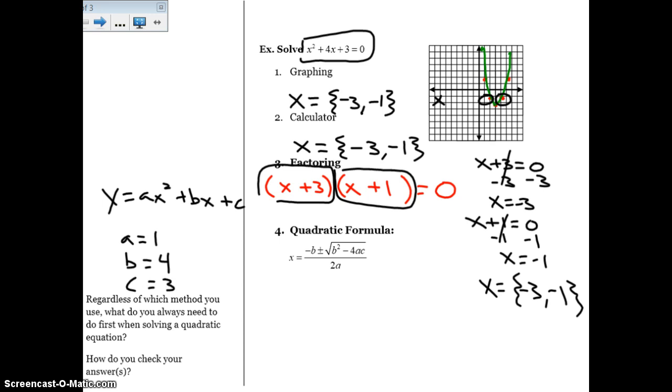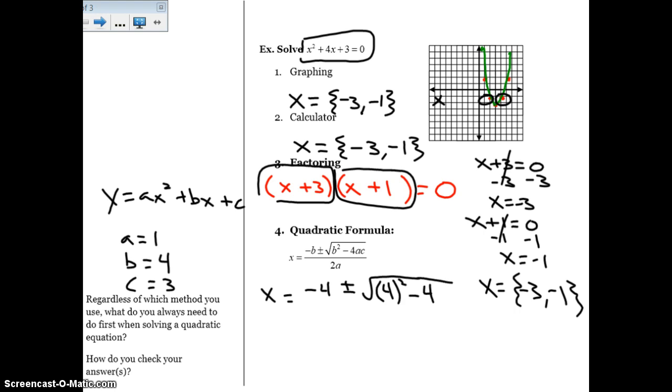So what you're going to do is plug them in to this formula here. Wherever you see a B, you're going to put a 4. So we're going to have x equals negative 4, plus or minus, and we'll talk more about that in a second, the square root of b squared, it's going to be 4 squared, minus 4ac.